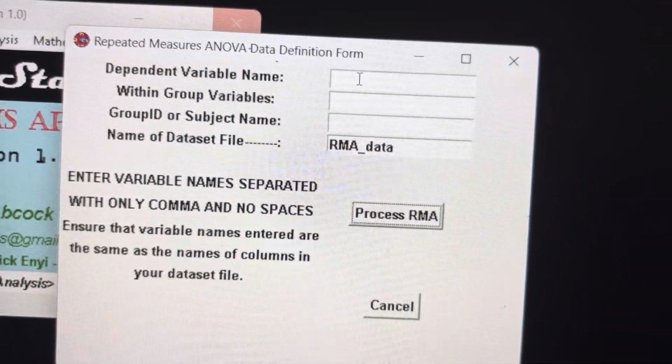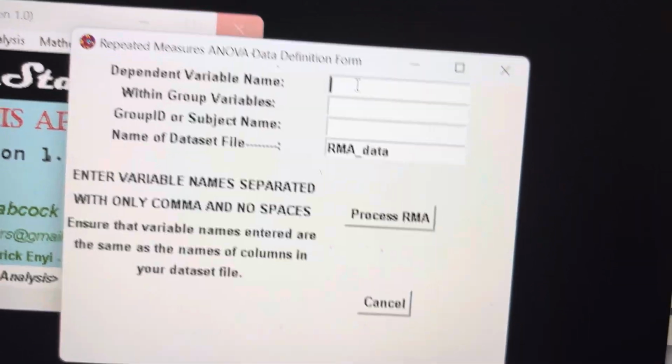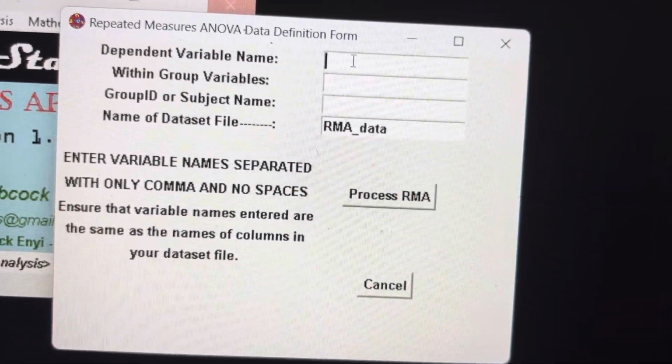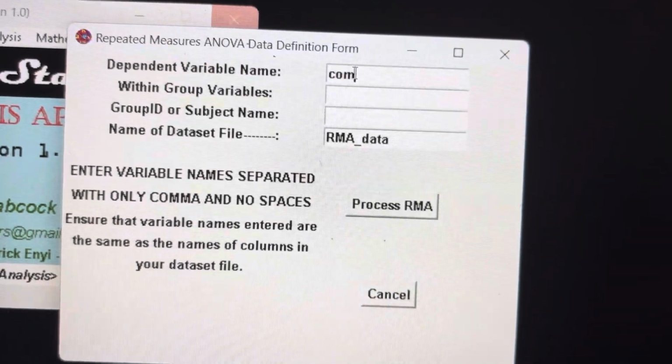Now, let's start. The dependent variable in this case is compliance.